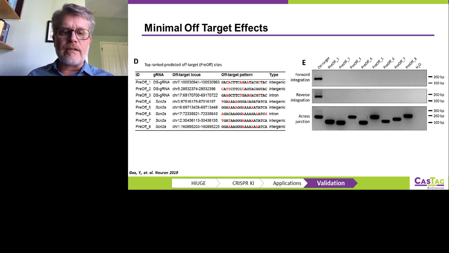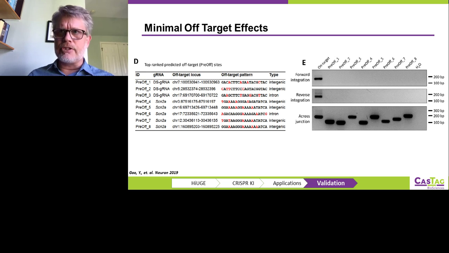So here on the left-hand side in panel D, I'm showing the predicted off-target sites for, in this case, an example where we labeled a voltage-gated sodium channel with an HA epitope tag.